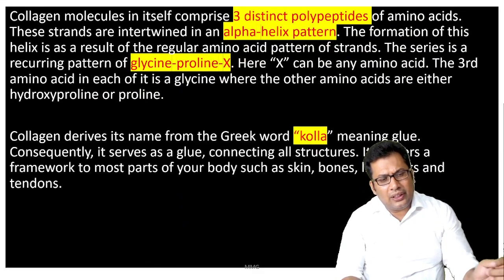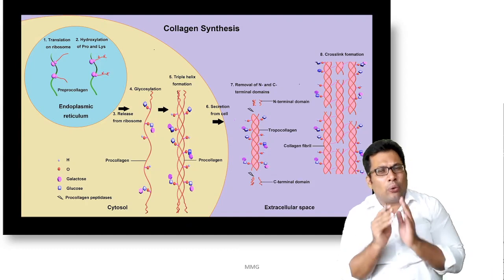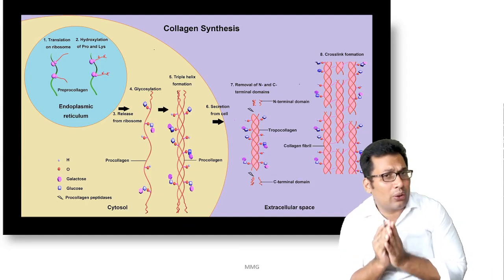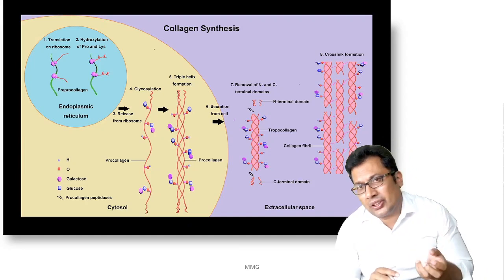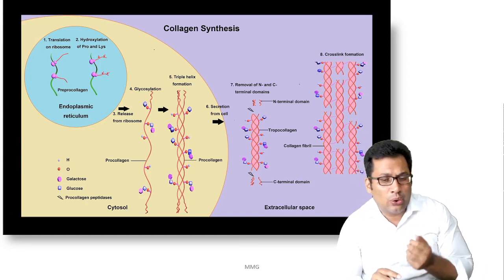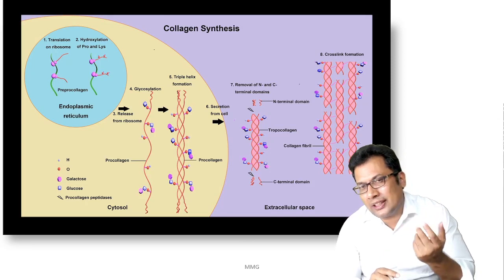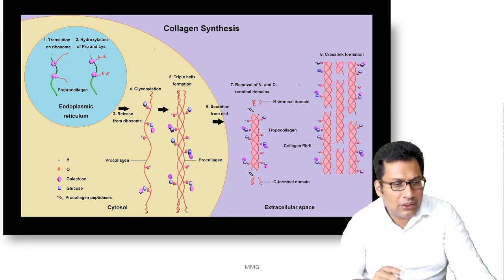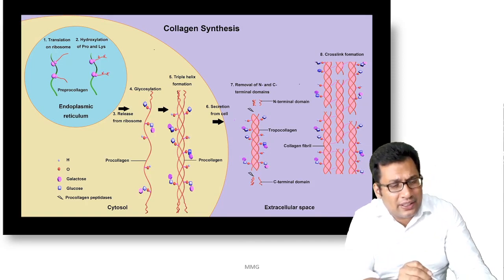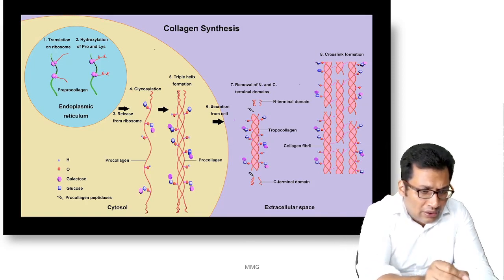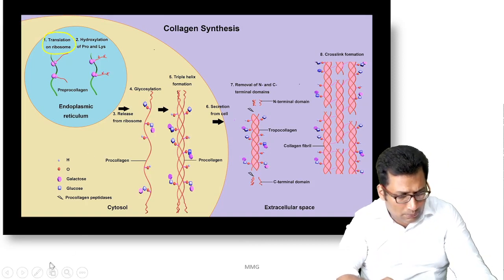Let's see in detail about it. Collagen synthesis is a very important topic. You must know what is pre-pro-collagen, procollagen, tropocollagen and collagen fibril. See here the collagen synthesis. Translation occurs in the ribosome.